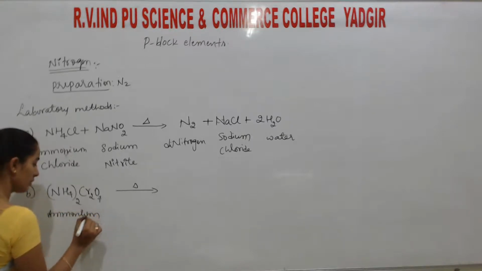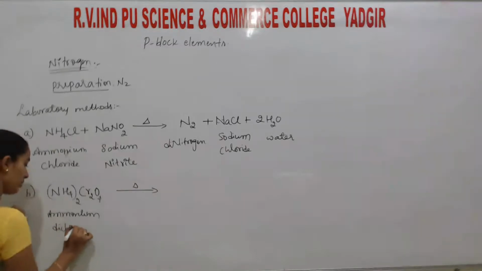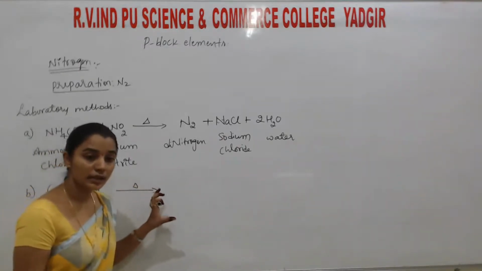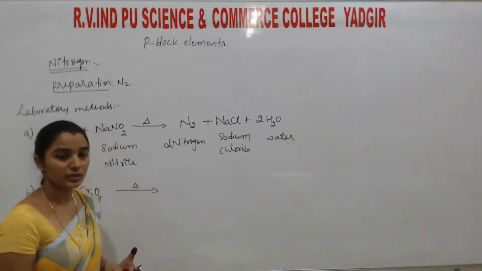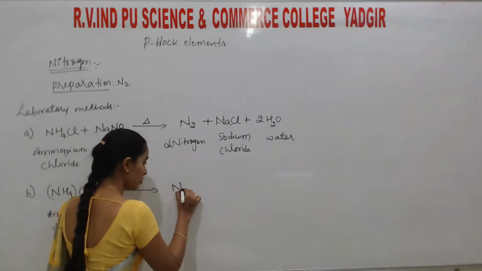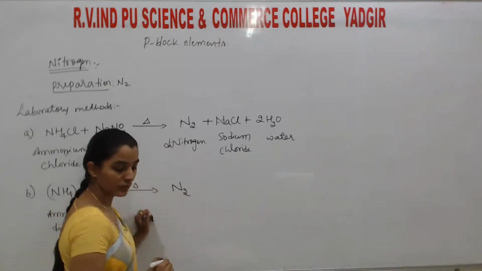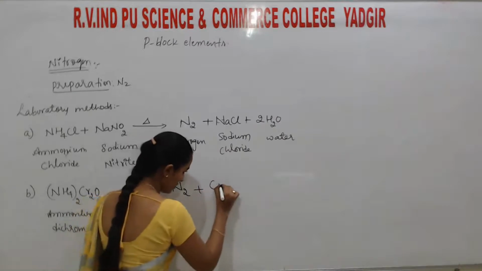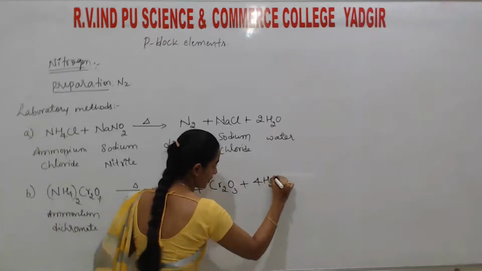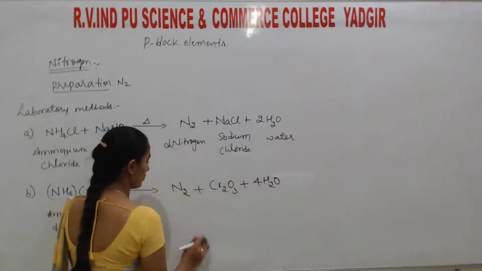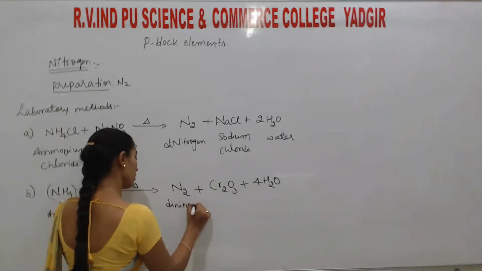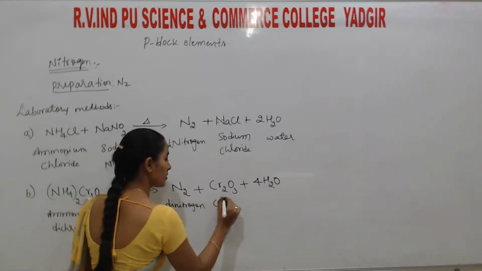When this ammonium dichromate is heated, it undergoes decomposition. Upon decomposition it gives N2 plus Cr2O3 plus 4H2O. This is chromium oxide, this one is dinitrogen.